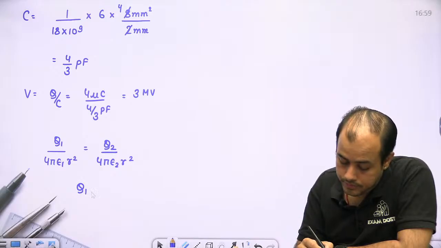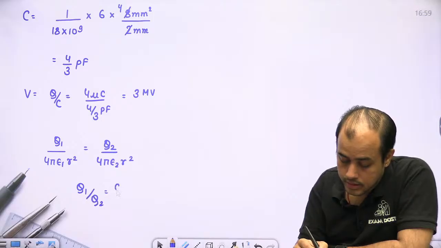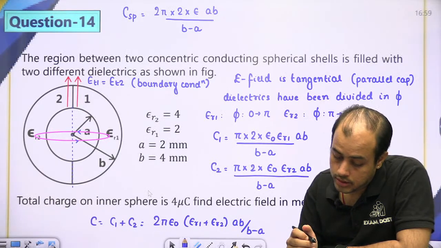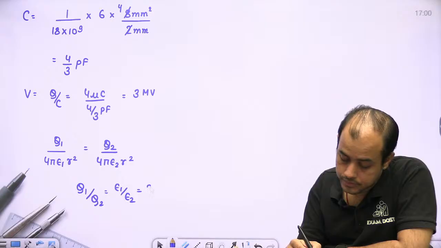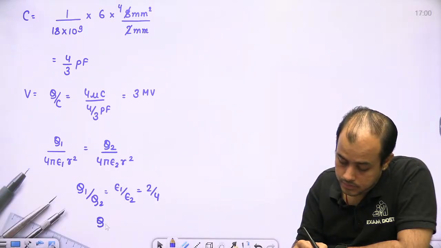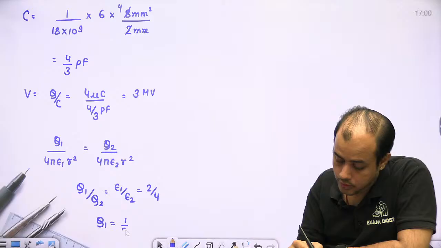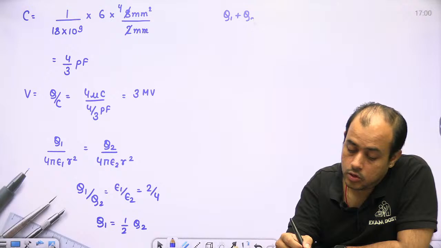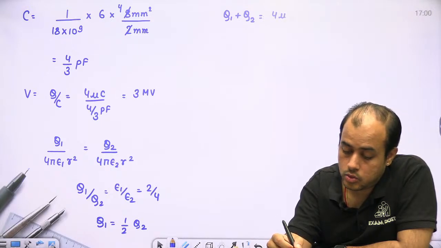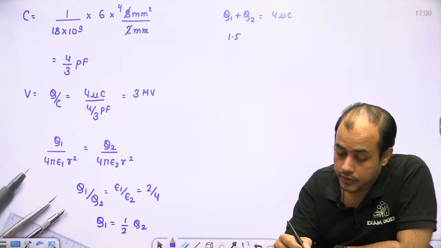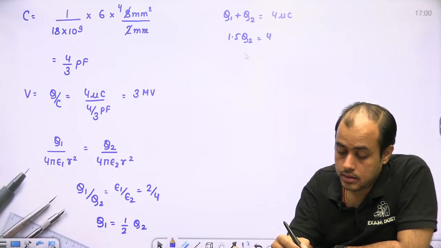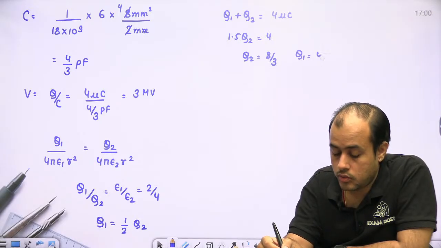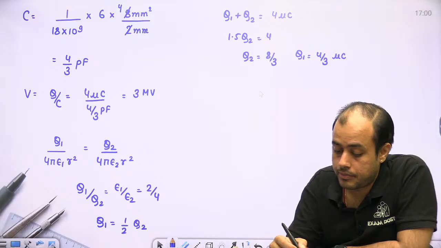So Q1 by Q2 is epsilon 1 by epsilon 2, that is 2 by 4. Q1 will be half of Q2. Now Q1 plus Q2 is 4 microcoulomb, so 1.5 Q2 is 4, Q2 is 8 by 3, and Q1 will be 4 by 3 microcoulomb.